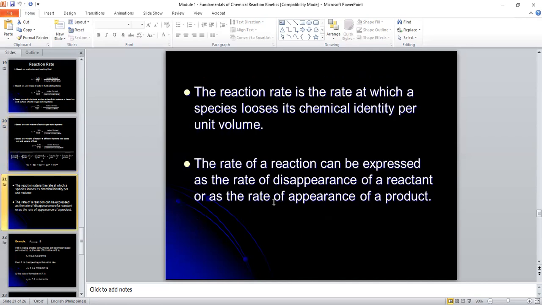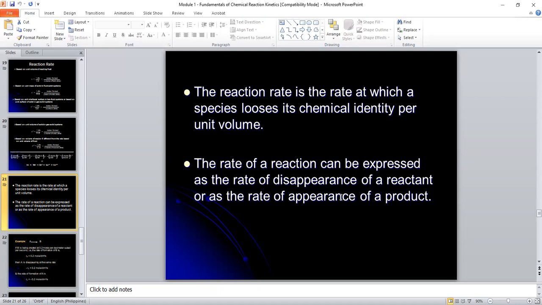So speaking of this bullet here, the rate of reaction oftentimes, like most of the time but not all the time, is expressed in terms of the rate of disappearance of the reactant or of the species. That way, it can be converted into the product.